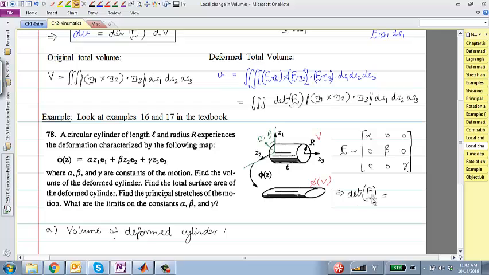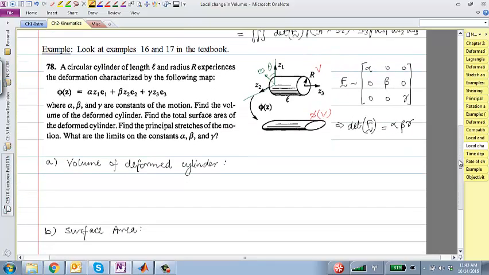What is the determinant of F? Just the multiplication of the diagonals, right? Everything else is 0. So the determinant of F is just alpha, beta, gamma, and that will allow us to calculate changes in volumes and areas.